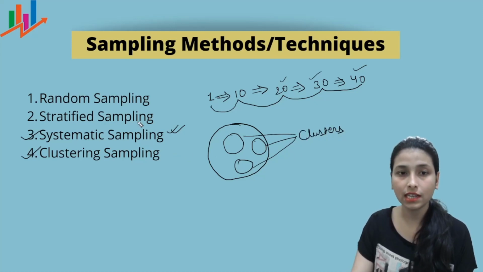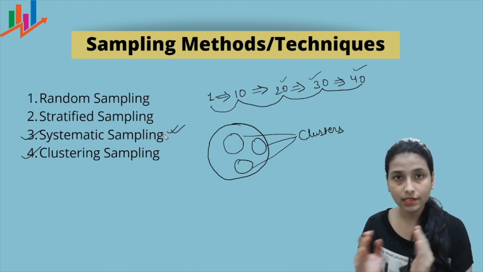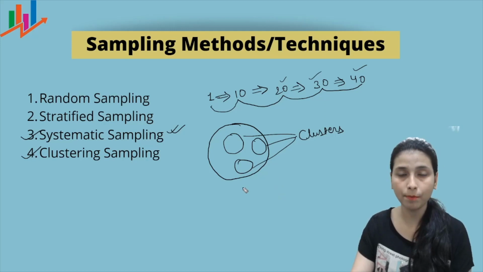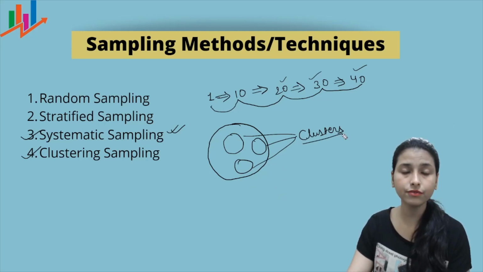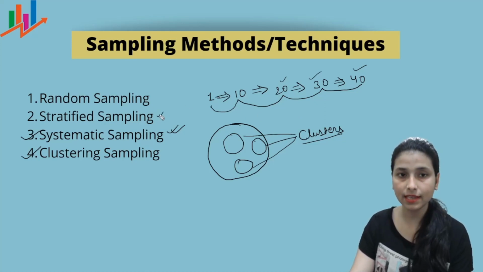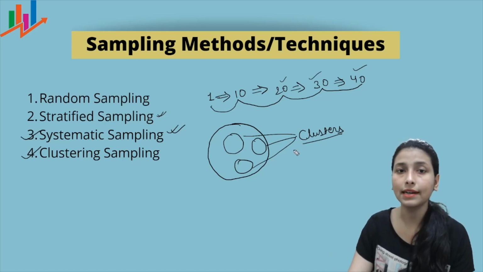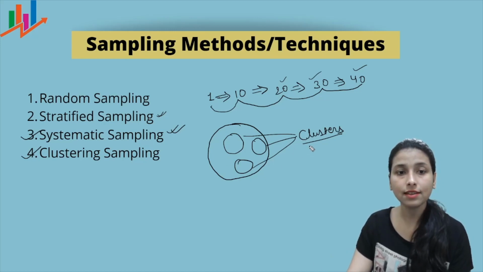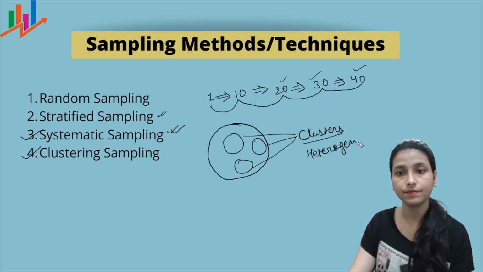As we have seen in stratified sampling, we used to take out strata from the population data, and here we take out clusters from the population data. But in stratified sampling, the strata would be in homogeneous form, whereas in cluster sampling, these clusters can be heterogeneous.